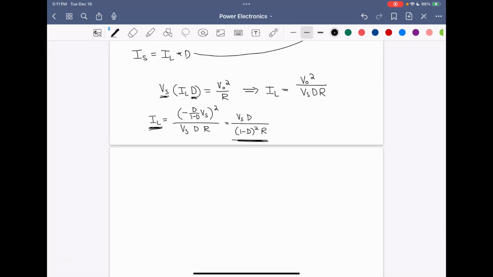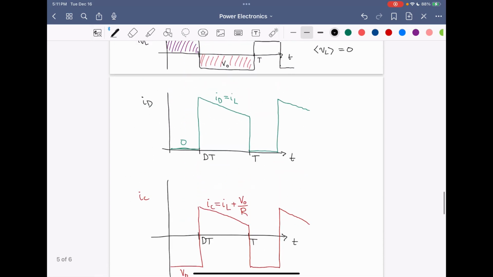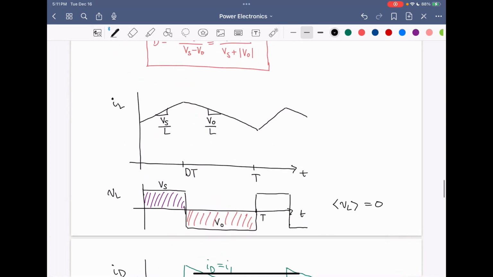Now, how about the maximum inductor current and the minimum inductor current? We can find that by observing the slopes. We're looking for delta IL here, and delta IL is equal to, during the DT interval, the slope VS over L, and this slope occurs for the time interval DT. So then the swing in the inductor current is VS times DT over L. We know the average inductor current is big IL.